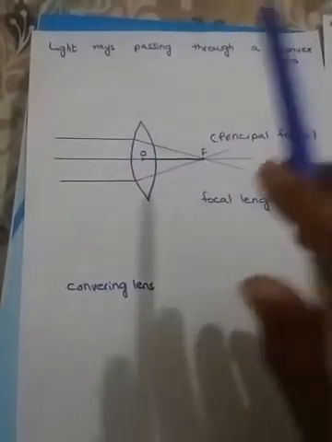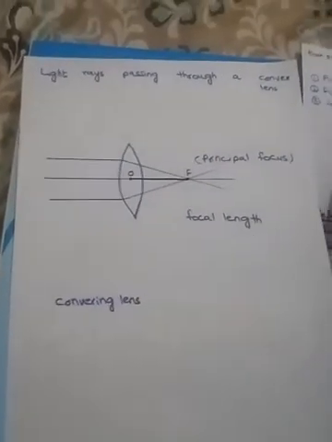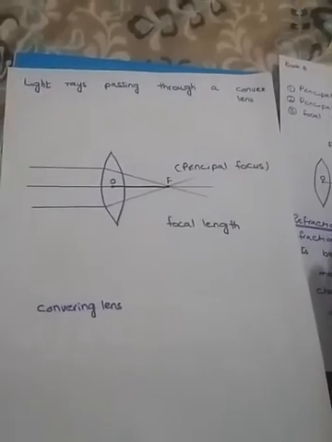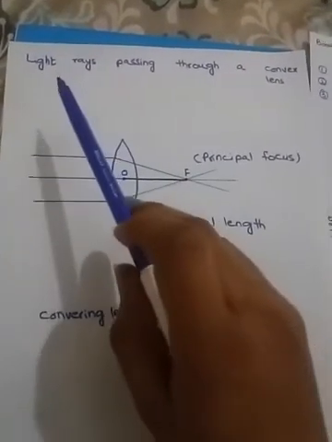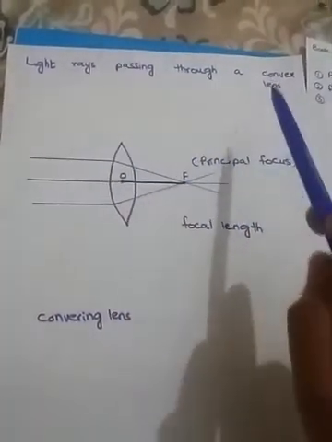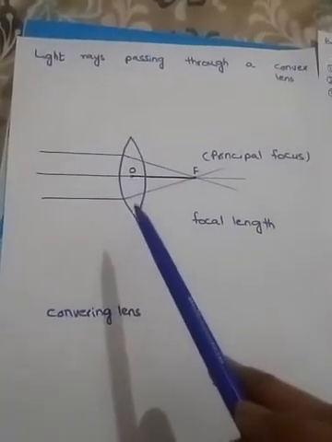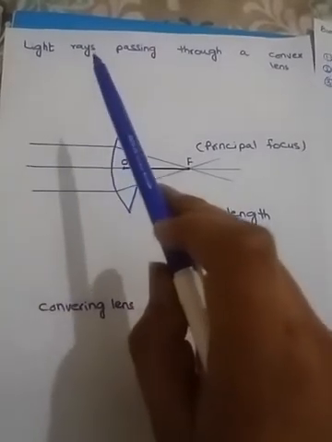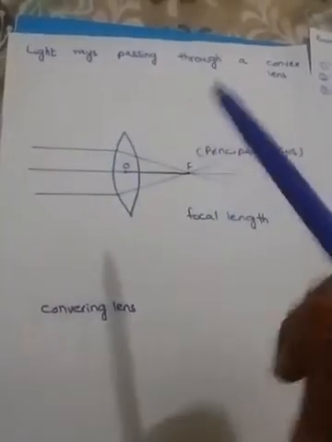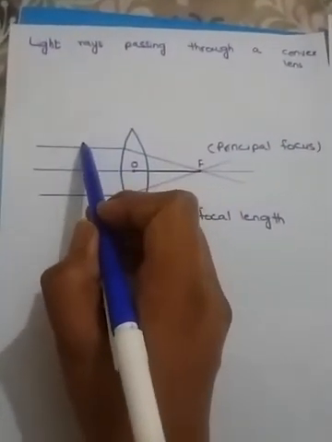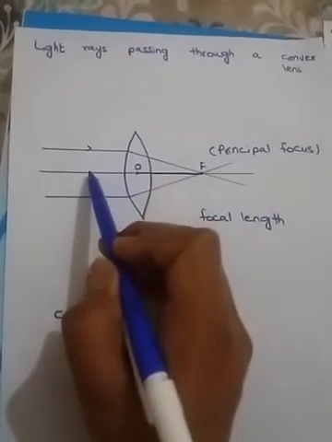Now, second point I want to discuss with you, principal focus. Light rays passing through a convex lens. Here I took a convex lens and I am going to talk about light rays. Now, light rays travel in a straight line.